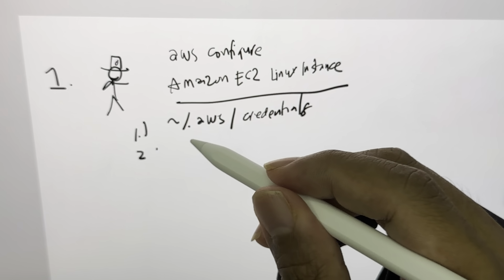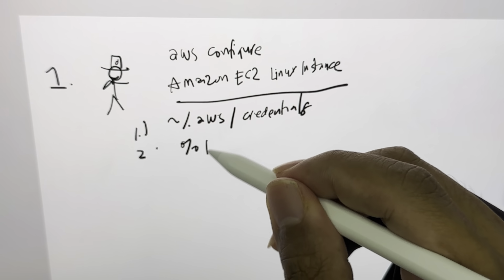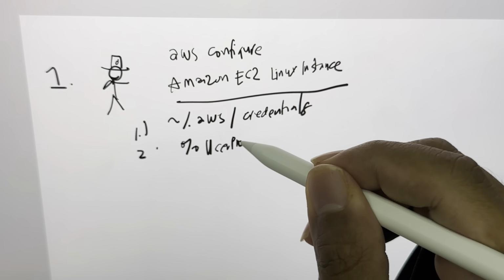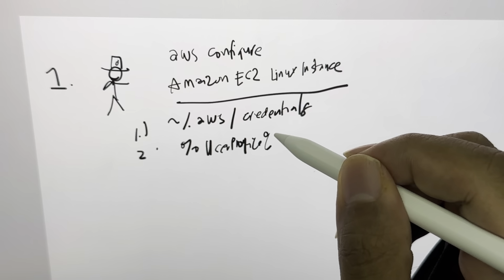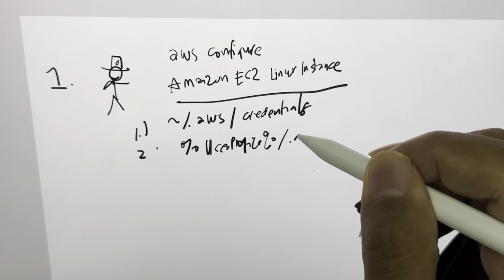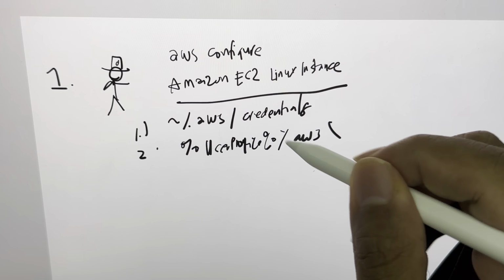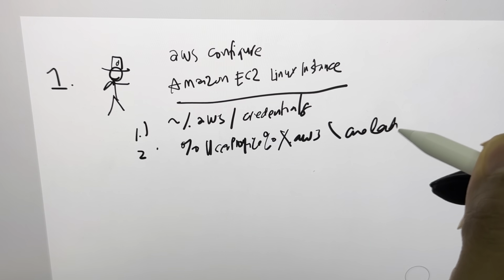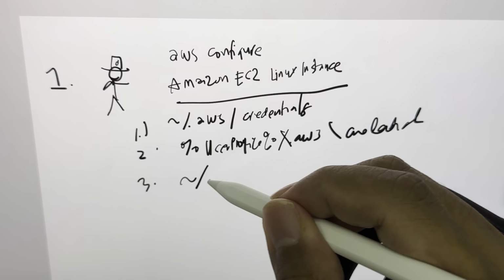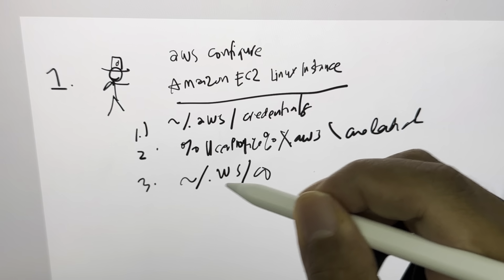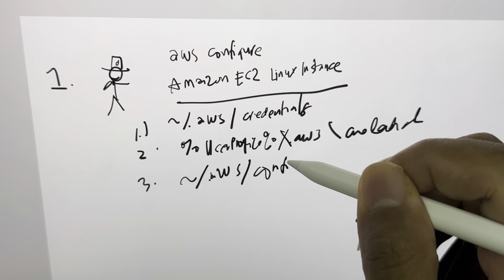Number two, store it in this one, user profile, percent AWS the credentials. And number three, tilde.aws config.